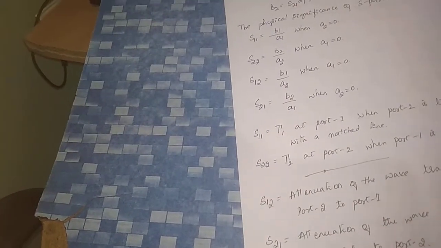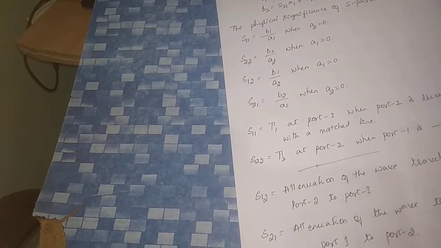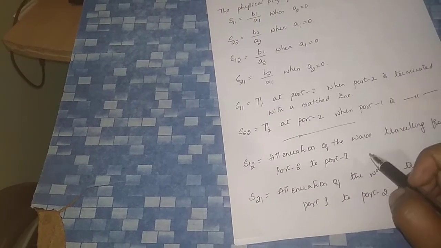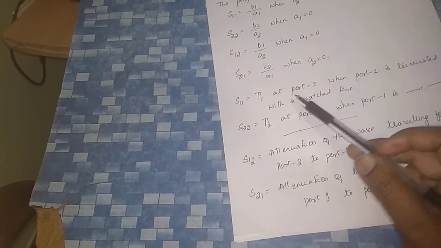This is what your S matrix or S parameters represent. Either it will be a reflection coefficient or it will be an attenuation of the wave.